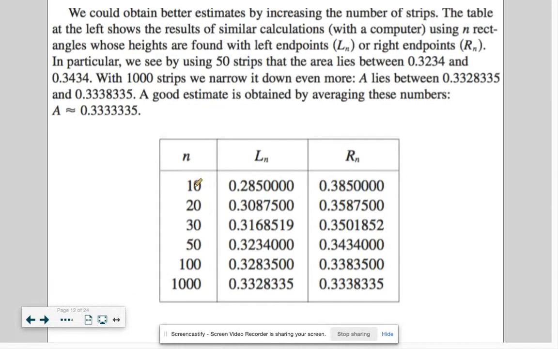And then right here, if I were to increase the number of rectangles, that's what this means, by the way, the number of rectangles, I get an even better approximation because now it's really hard to differentiate between the left approximation and the right approximation. So if I had 1,000 rectangles drawn, I get a pretty clear idea of what the actual area would be because these two numbers are very, very close together.